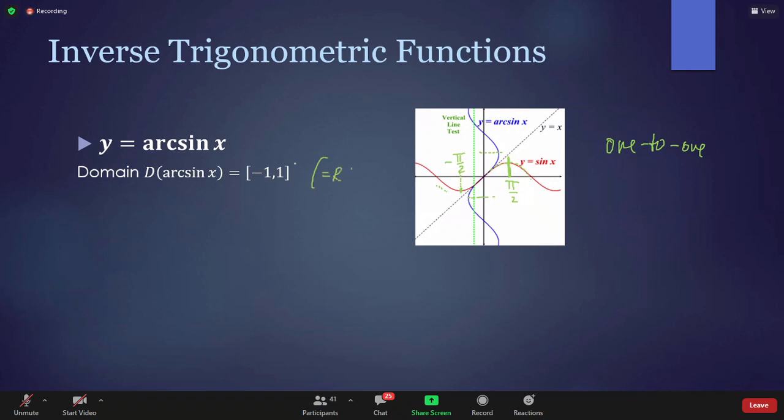The range of the sine function is, of course, from -1 to 1, because the sine values cannot go out of that segment. Now, we artificially cut down the domain of the sine function to make it 1 to 1. And then, yes, we will have the range of the inverse sine, arcsine.